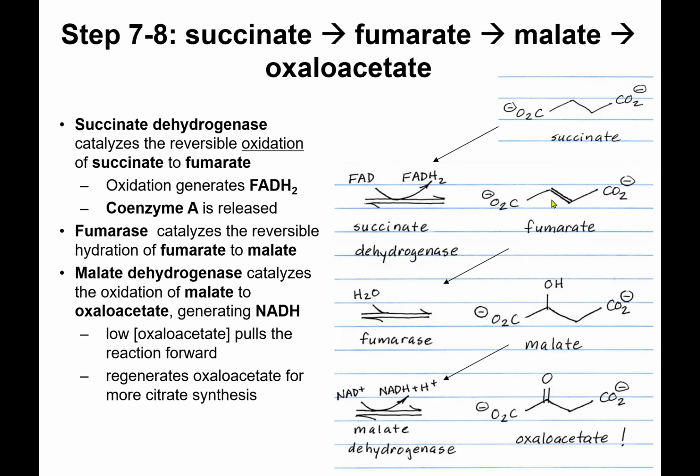As we are in this reaction, we are oxidizing, and over here, we're reducing. In this middle reaction here, we're just taking fumarate and converting it to malate by adding water, and then in a second dehydrogenation, we're getting from malate to oxaloacetate.